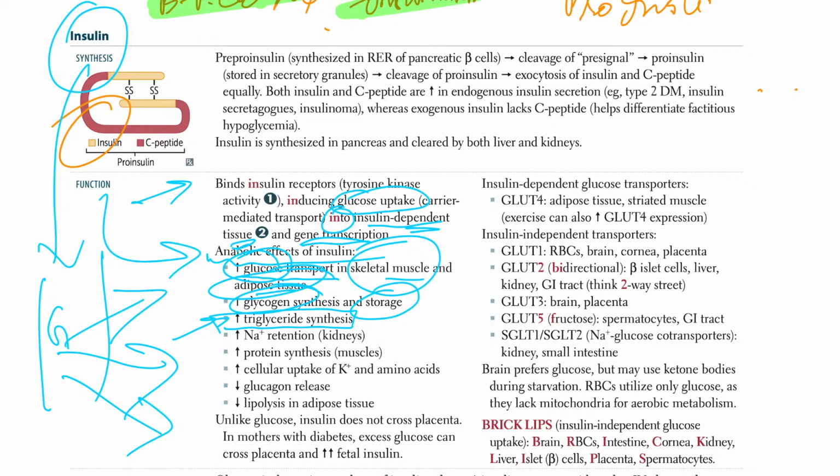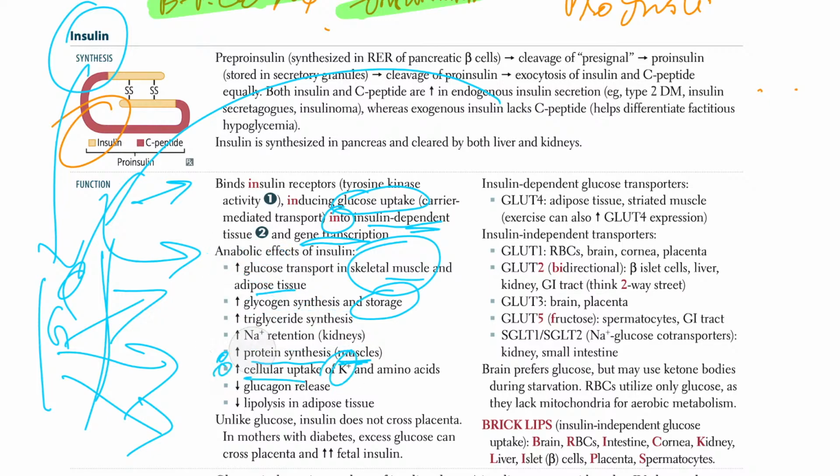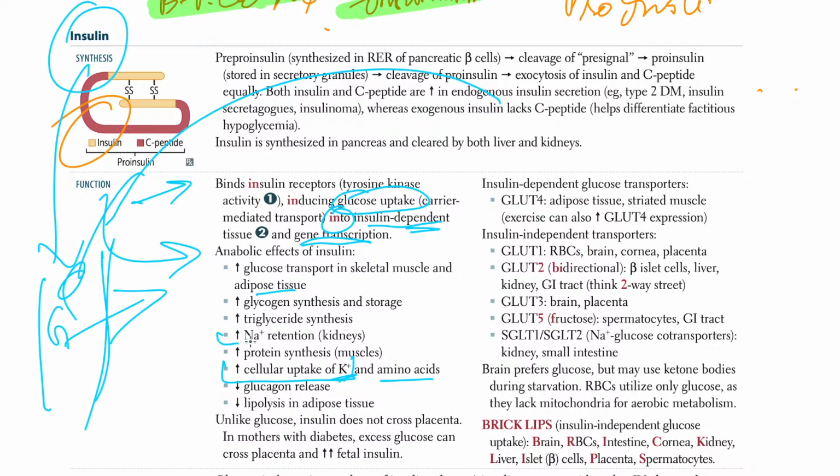The other thing that is also important is that it causes sodium retention within the kidneys, increase in protein synthesis in the muscles for sure, and causes increase in cellular uptake of potassium, high yield. It causes cellular uptake of potassium and amino acids, but potassium is high yield. Most important is this cellular uptake of potassium.